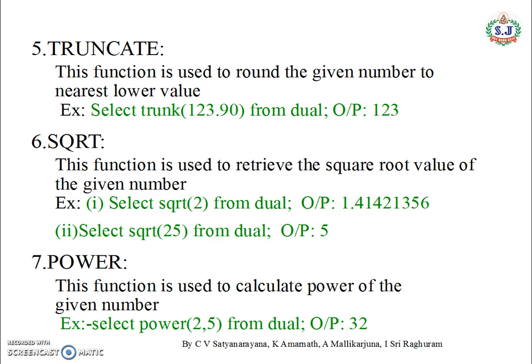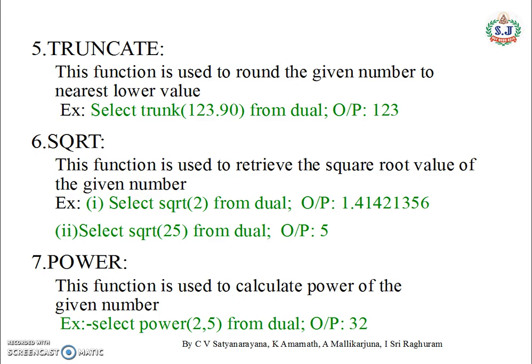The next function is once again a very simple function, SQRT function, or the square root function. The square root function returns the square root of any number which is given as a parameter in the function and applied to a particular query. Here when we apply in this example 25 to square root function as a part of a query, the result we get is 5, since the square root of 25 is 5.